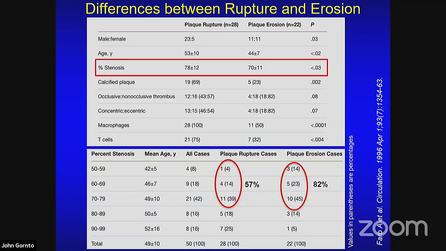If you divide it by tens, in plaque ruptures, 57% are less than 75% narrowed, whereas in erosion, 82% are less than 79% narrowed. So it just tells you that these are early lesions. They occur in the young, and they are more common in women than men, especially at a young age. And I'll show a summary.